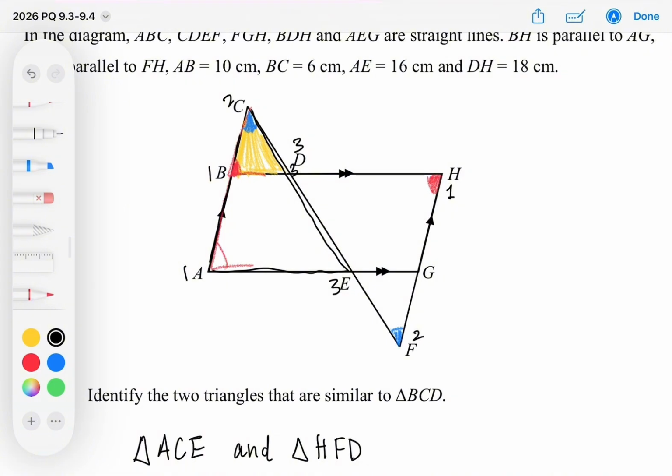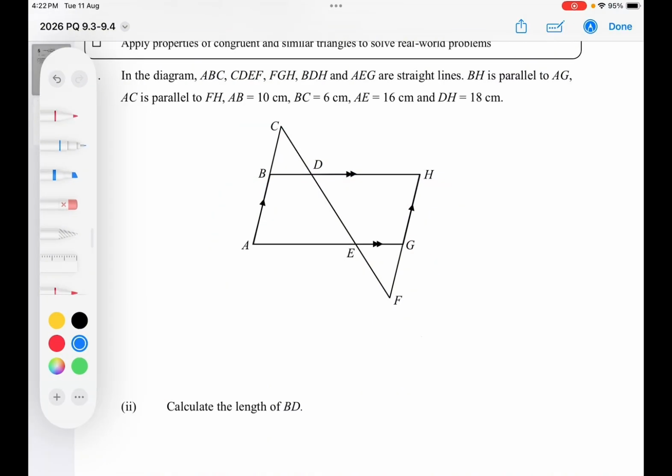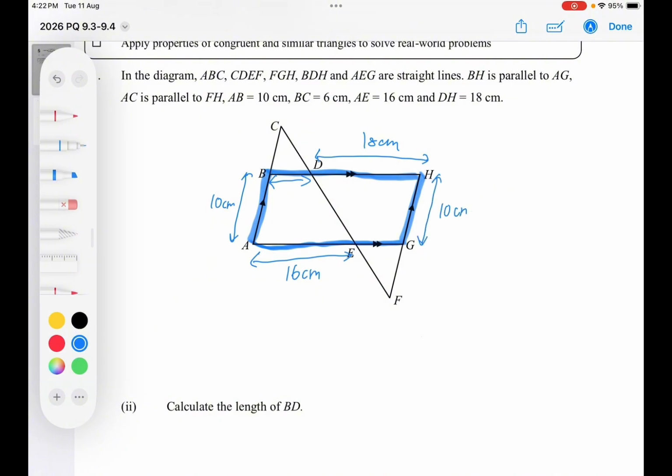Okay, so to calculate the length of BD, what we do see is that BD is part of a bigger parallelogram. So do you see a parallelogram here? And then what we do know is that this is 16 cm, this is 18 cm, AB is 10 cm, which makes the other side 10 cm because it's a parallelogram.